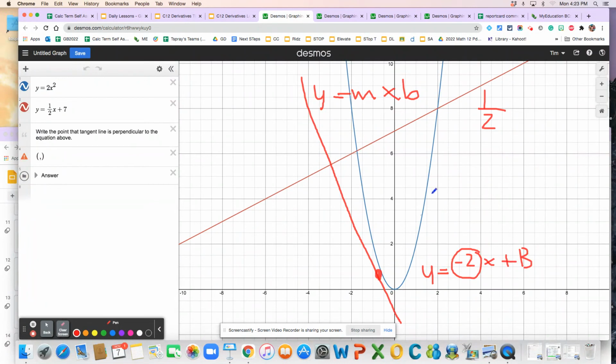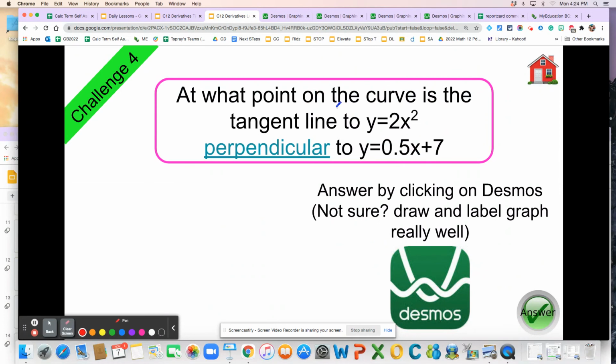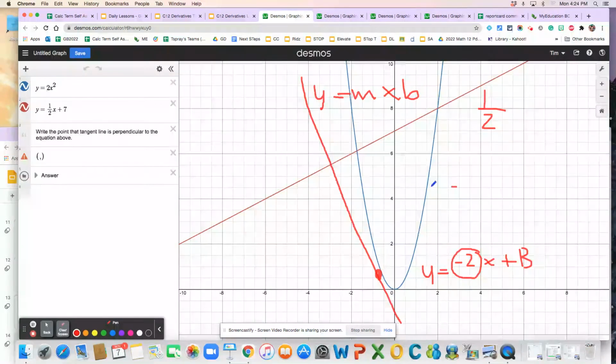So what we need to do is figure out the point on this curve that's perpendicular to this one. So again, I'm going to take my time. This parabola here, the equation is y equals 2x squared. I'm trying to figure out what's the same here: the line and the parabola would have the same slope.